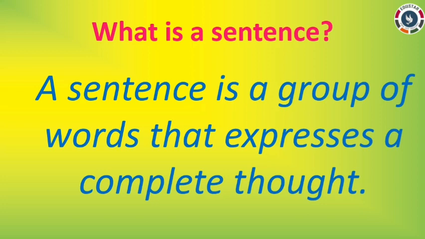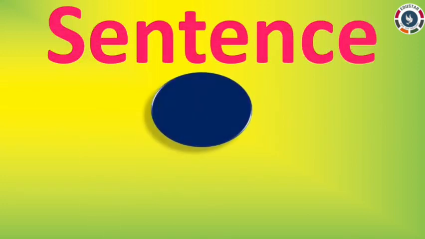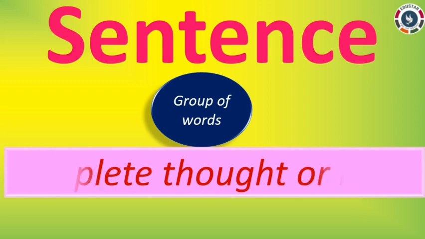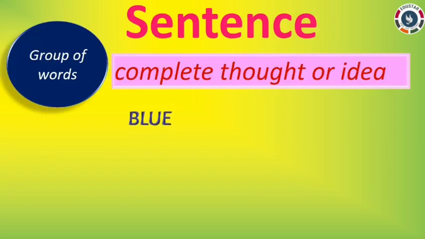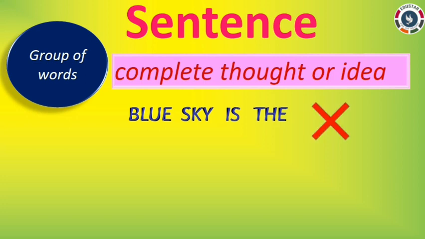Let us see them. Firstly, it expresses a complete thought or idea. For example, "blue sky is the." This is a group of words, but does it convey a meaning? No. So, it is not a sentence.